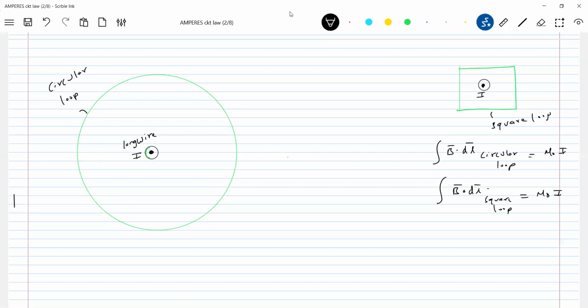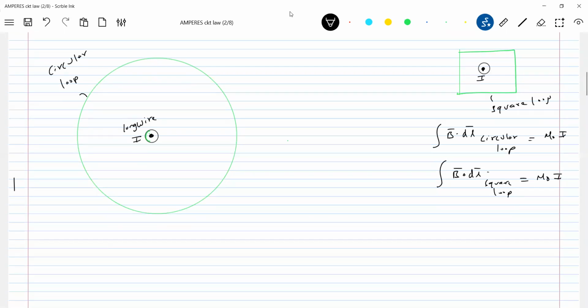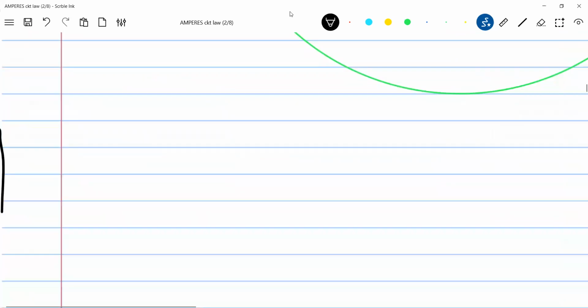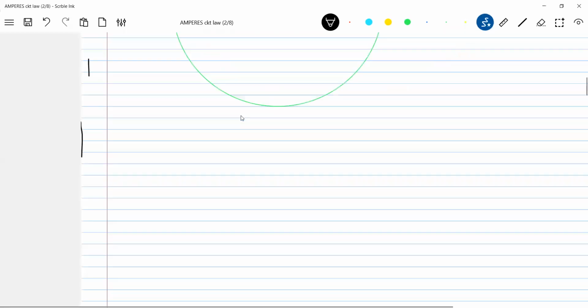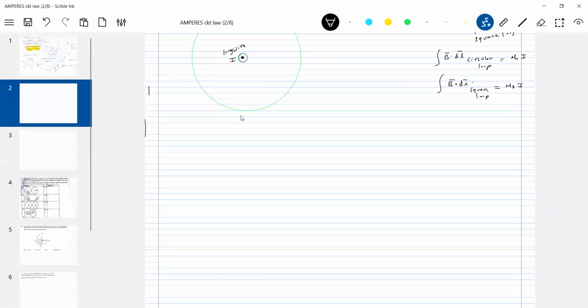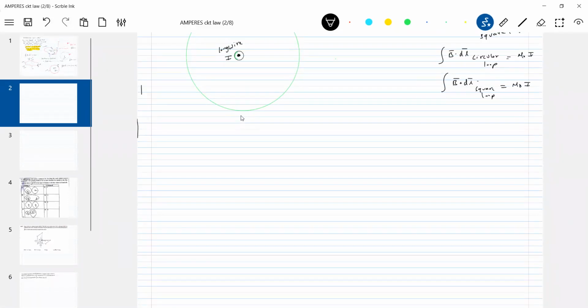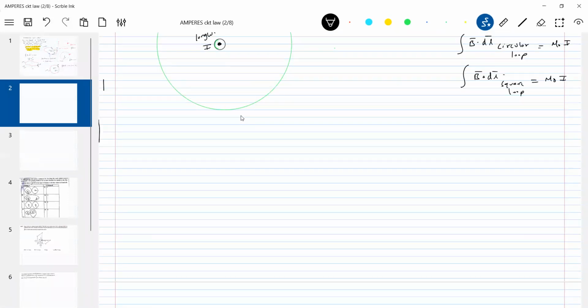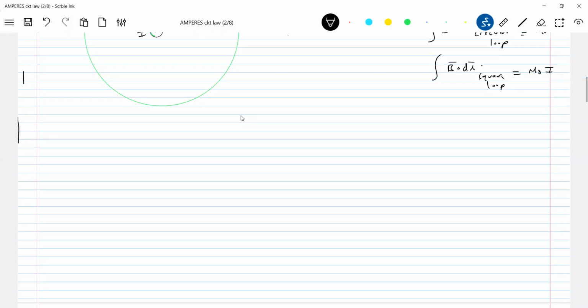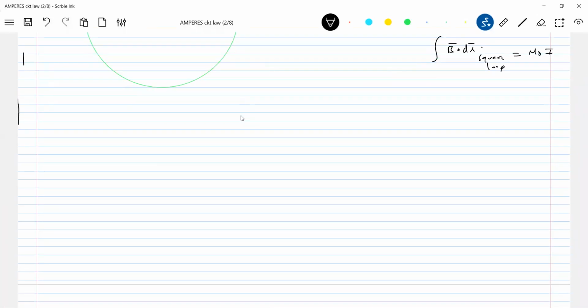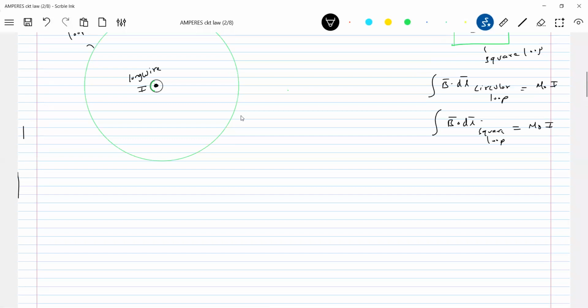How are you writing this particular thing? So we'll do one thing. We'll just deform this loop. And I'm going to deform it.